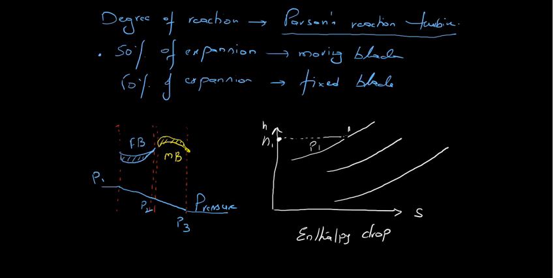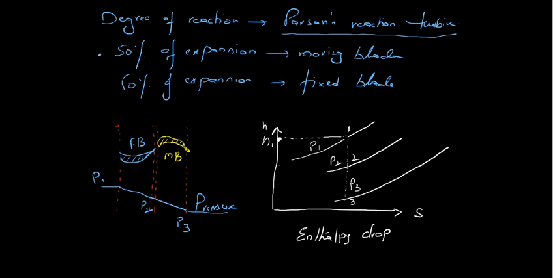Similarly, can we draw for the second one? Right. Draw the tangent. Now draw the line from the point A which intersects the pressure line P2 and pressure line P3 at points 2 and 3. These are the points, right?